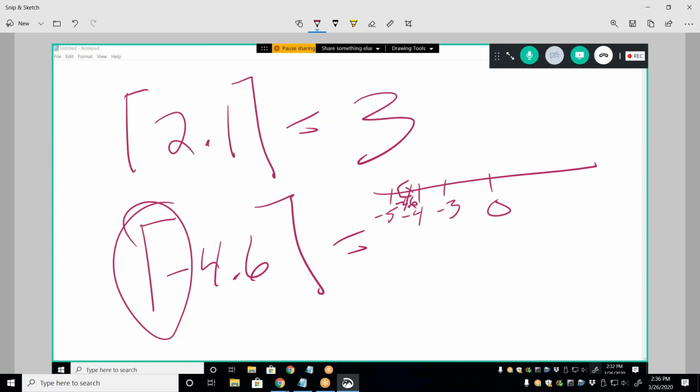Starting there, go to the right. What is the first integer you run into? Okay. So the easy way to remember it is when you're looking at that, you go left. When you're looking at that, you go right.